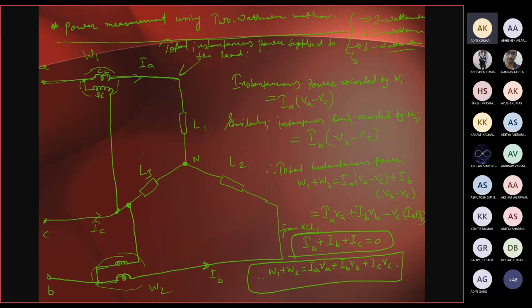Let us represent it by capital P. So this will be simply equal to, directly you can say that for phase A the instantaneous power will be VA-IA. Then for phase B it will be VB-IB, and for phase C it is VC-IC. ये होना चाहिए total instantaneous power that will be supplied to the three-phase load connected in a star, and the same thing we are getting from here also using the 2 wattmeter method.